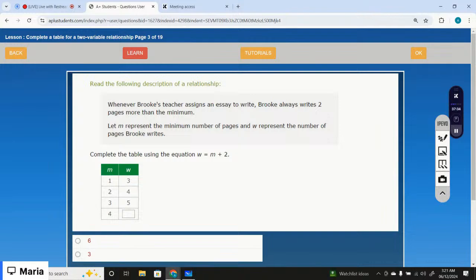Complete the table using the equation W equals M plus 2. The correct option is 6. Option number 1 is the correct option.